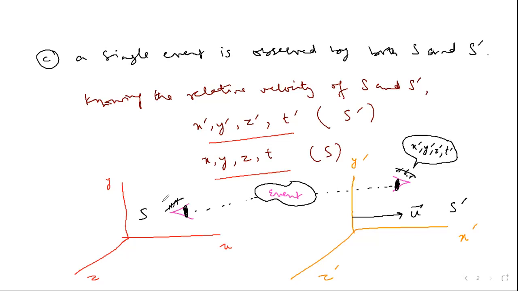And according to observer S, the coordinates of the event are X, Y, Z, and T. So this is figure 1. So we want a relationship between these two coordinate sets, right? So let us move.